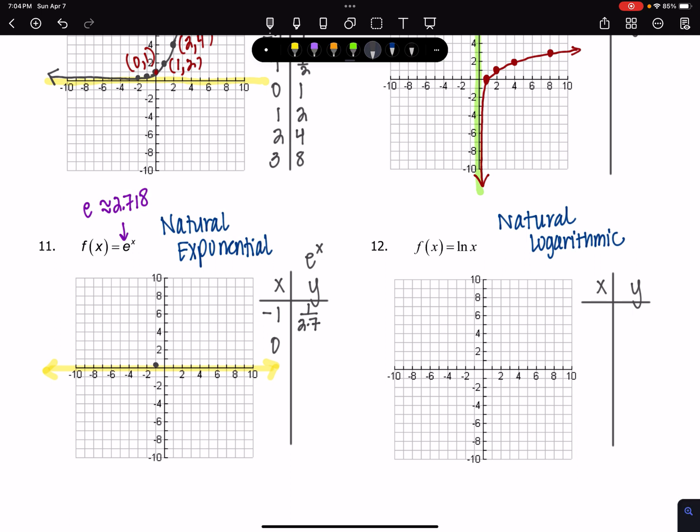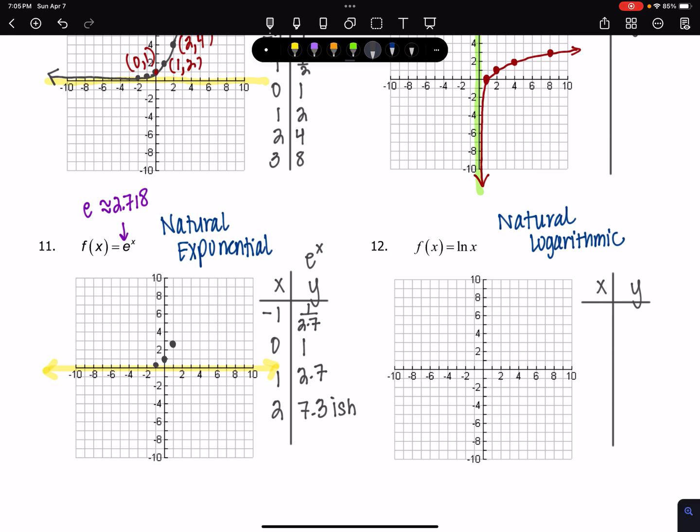When we put a 0 in, e to the 0 is 1. When we put a 1 in, e to the first power is about 2.7. Sometimes I say 2.7-ish. And when I put a 2 in, e squared, which would be 2.7 squared, is about 7.3-ish.